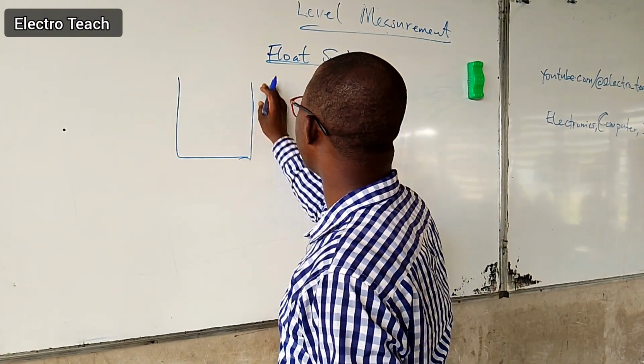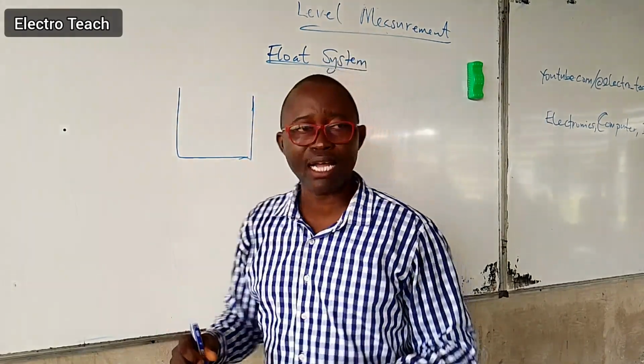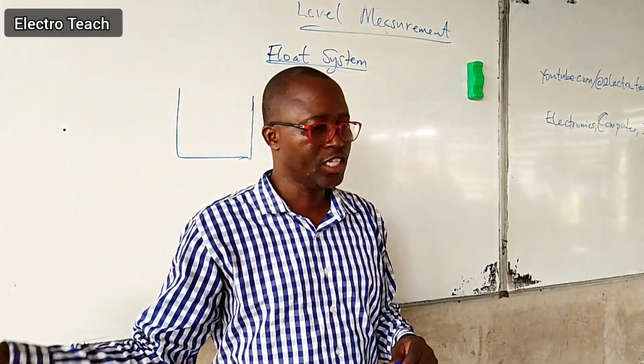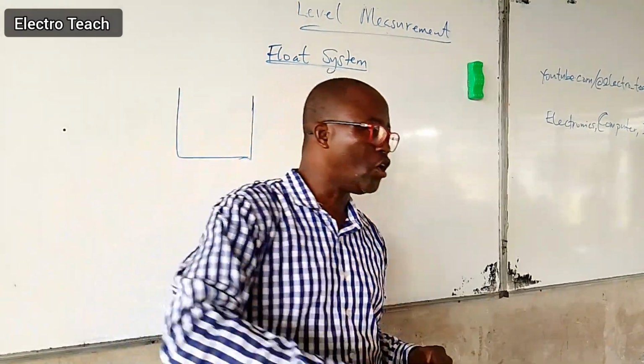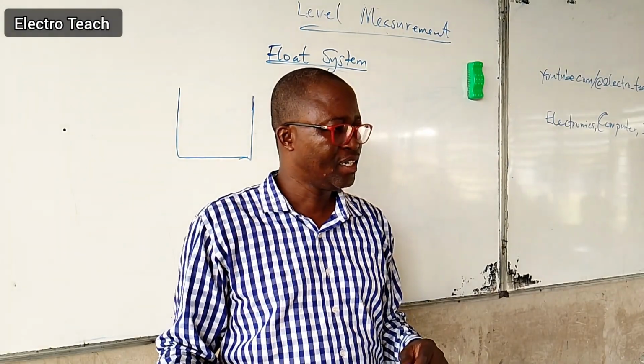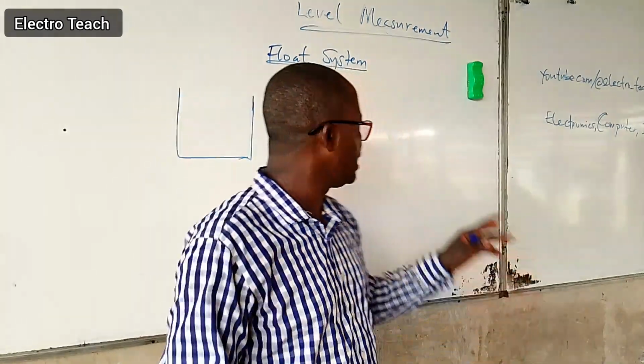So that when the level of fluid goes up and down, the transducer transmits various levels of resistance to the system. It changes the value of resistance on the potentiometer. Now the potentiometer wiper is the one that is linked to the float.